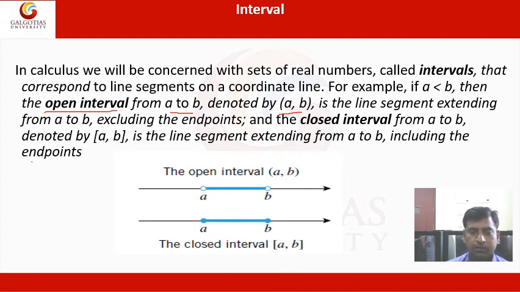The open interval from a to b takes all the points from a to b, but does not include the points a and b. So this is the open interval. And the closed interval from a to b will contain all the points from a to b, also a and b.